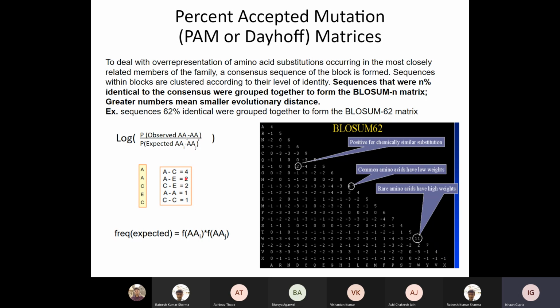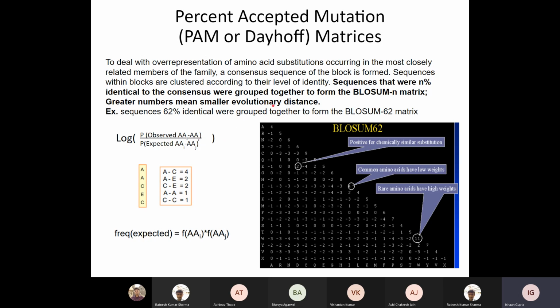If you want to work with proteins that are more distant, they are going to have less identity with the consensus. Therefore, they are going to represent mutational rates between more distant proteins.